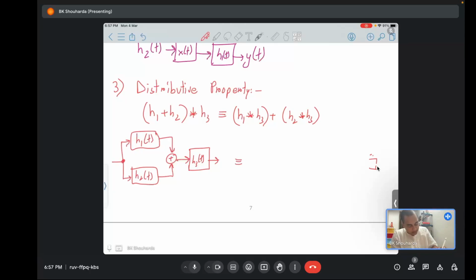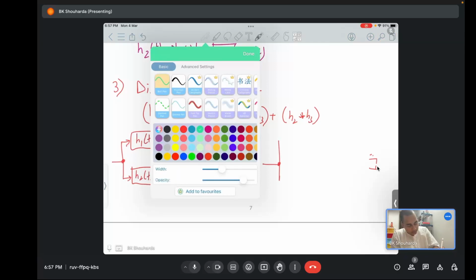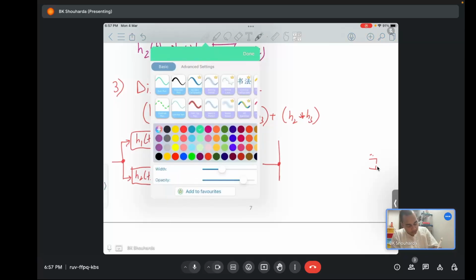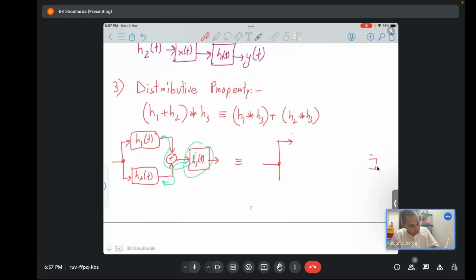It's the same as bringing this box inside: h1 convolved with h3 and h2 convolved with h3.